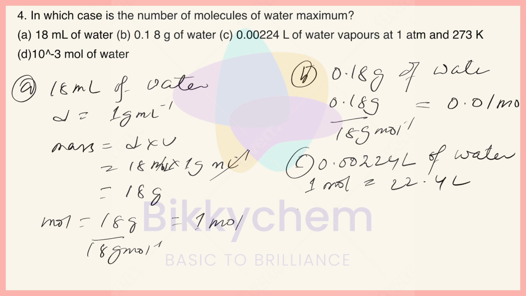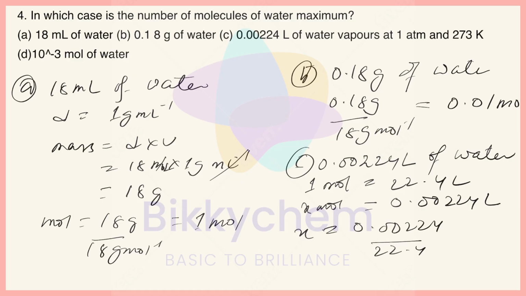That means X mole is there for the 0.00224 liter. So X is equal to 0.00224 divided by 22.4, which is 10 to the power minus 4 mole.